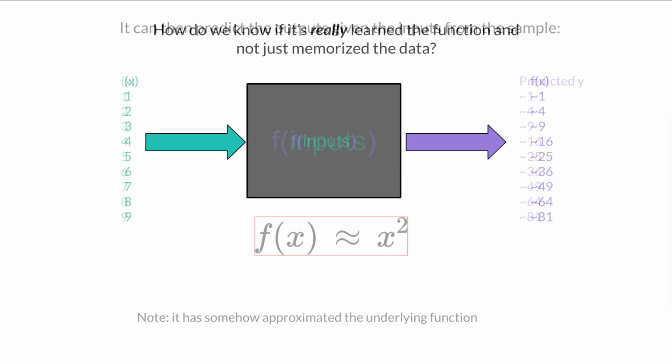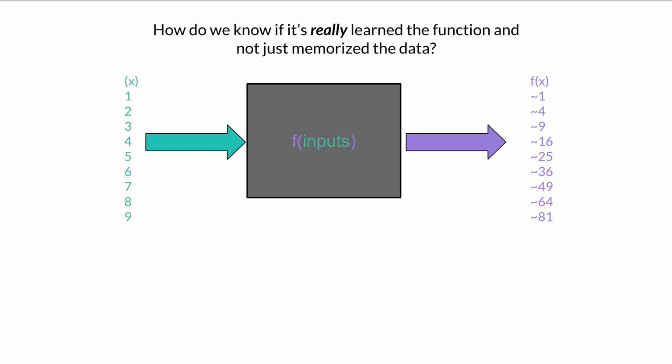But how do we know if it's really learned the function and not just memorized the data that we've shown it? It could just memorize that 1 maps to 1, 2 maps to 4, 3 maps to 9, and it doesn't really know what the function is. It's just kind of like mimicking it.